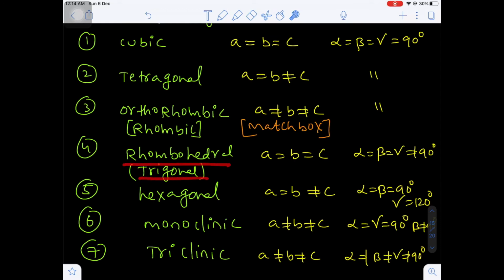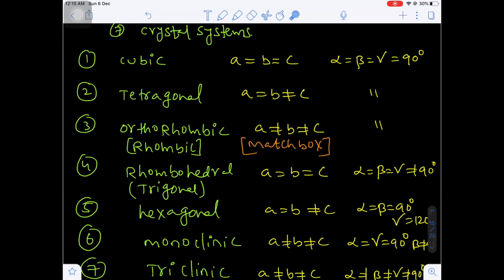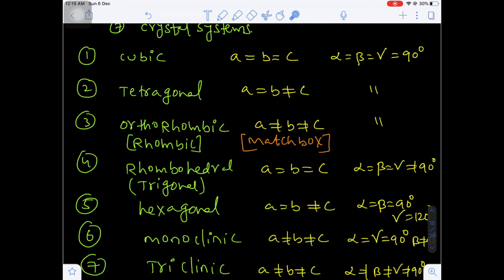Rhombohedral: a, b, c all equal, but alpha, beta, gamma not equal to 90. Hexagonal: a equal to b but not c, alpha, beta 90, gamma 120. Monoclinic: a, b, c not equal, alpha, gamma equal to 90, but beta not equal to 90. Please remember the 7 crystal systems in this manner.